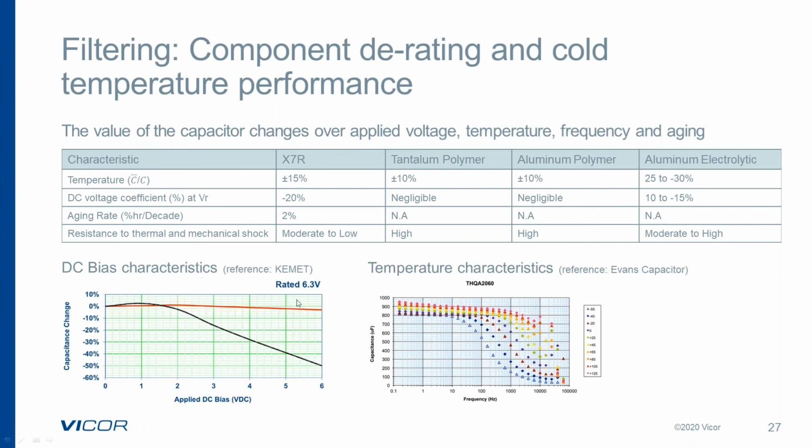As we see, for this 6.3 volt cap, there's no derating or capacitance change at 0 volts, but as we apply voltage, there's a capacitance change. This is something we need to consider when we design our DC to DC converter filter, or even if we're using it for decoupling capacitance. In some cases, you can get different performance by just changing the package size. So here's another package size where there's not as much deviation in the capacitance value versus applied voltage.